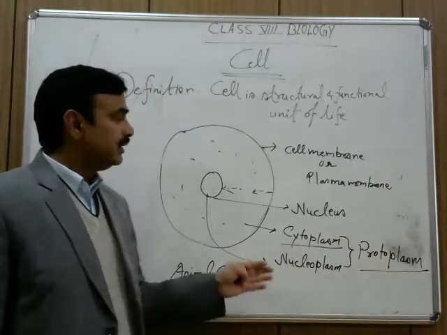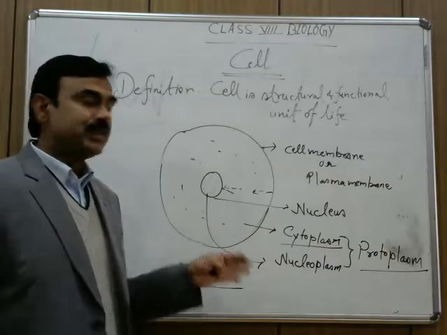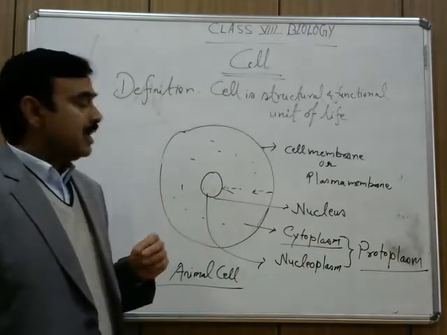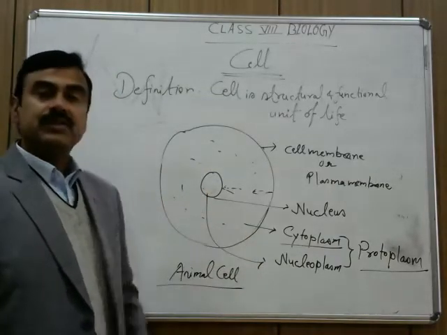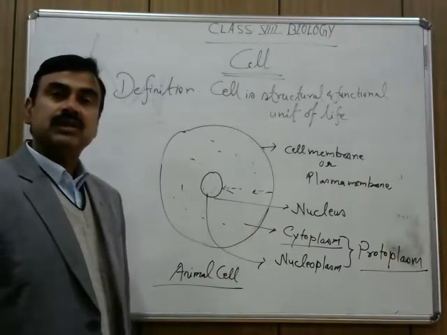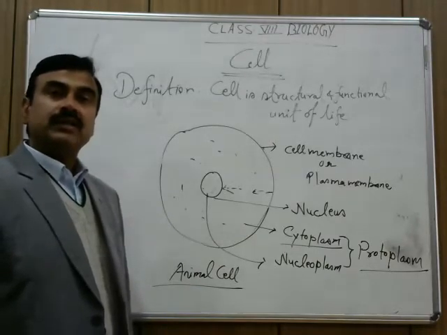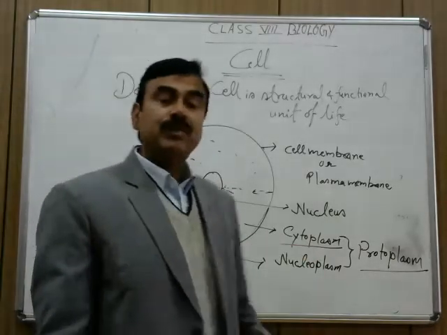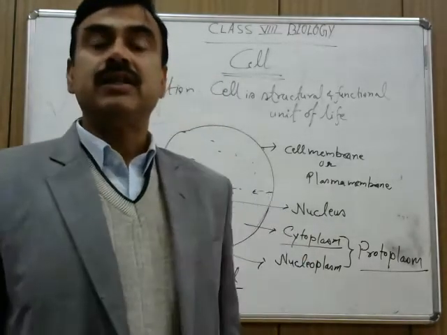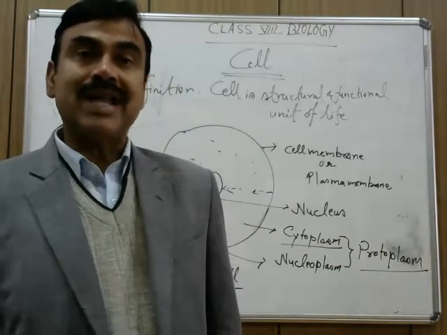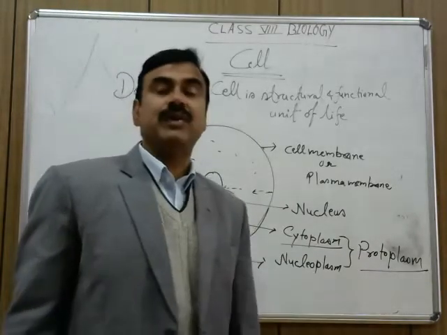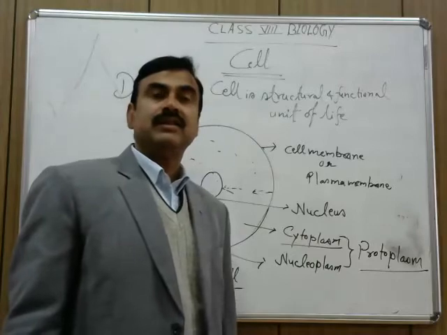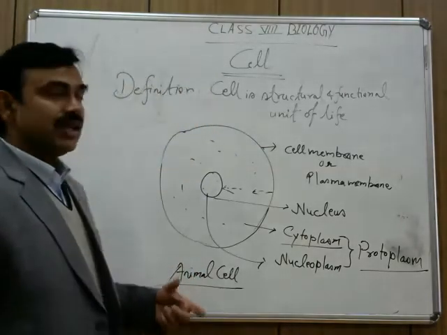I am sure that the nucleoplasm is the liquid present inside the nucleus, and the cytoplasm is present outside the nucleus. Clear? In the beginning, you have to see which one is known as cytoplasm, which one is known as nucleoplasm, and collectively it is called protoplasm. Right? So when you start, you have to see.